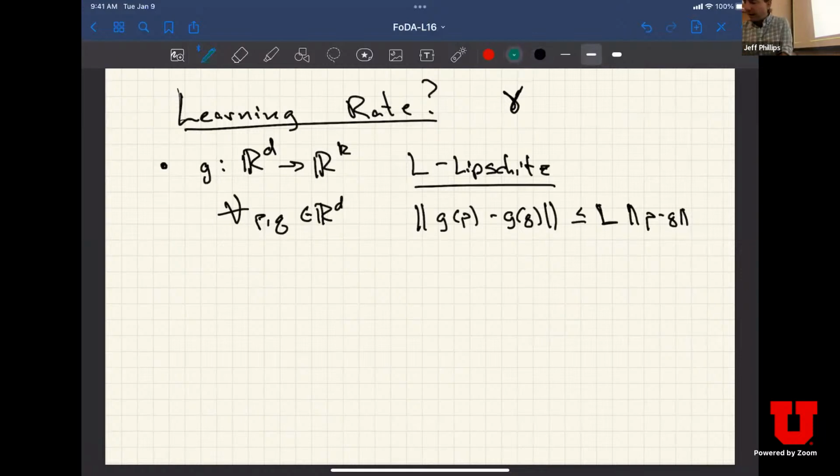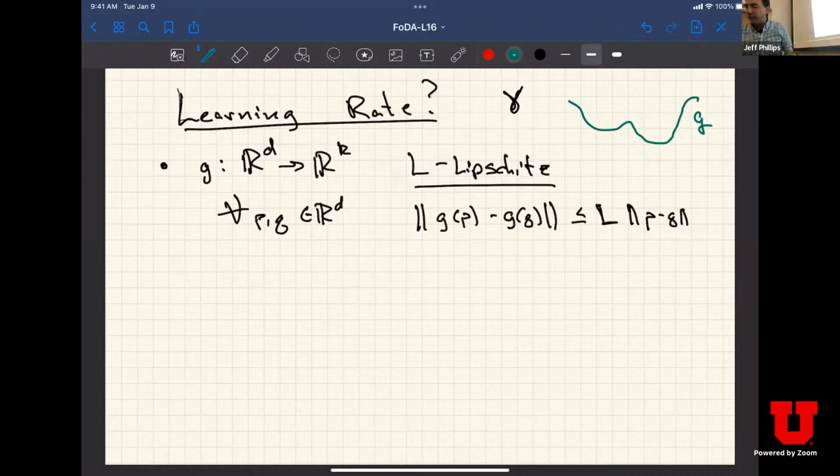So if I have a continuous function, if this is G here, then it means the slope is bounded. The output of the function might just be one-dimensional, right? Then the Lipschitz rate L is bounded by the maximum slope.